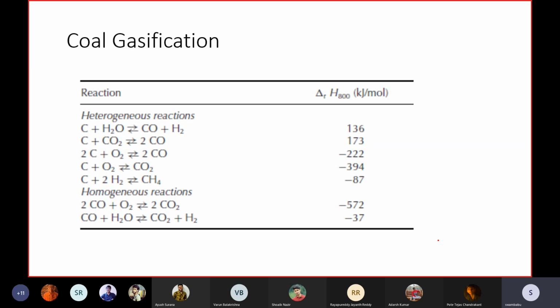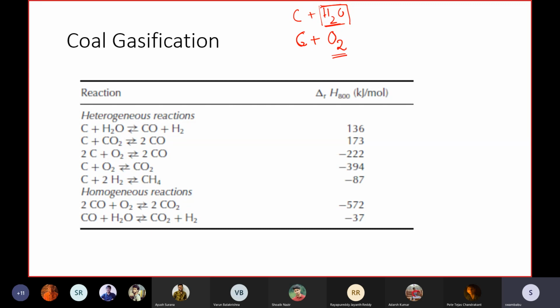Here we can do the gasification in two ways. We can do the gasification in the presence of steam, and we can also do the gasification in the presence of oxygen.